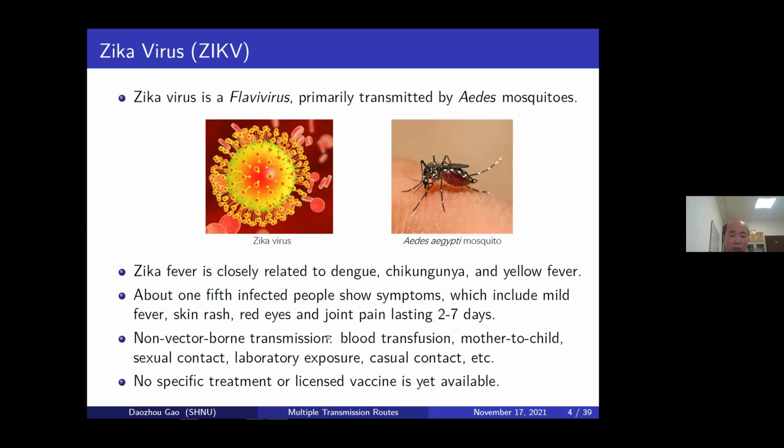Besides mosquito-borne transmission, the disease can also be transmitted through blood transfusion, mother to child, or sexual contact and other ways. So far there's no specific treatment or vaccine for Zika.